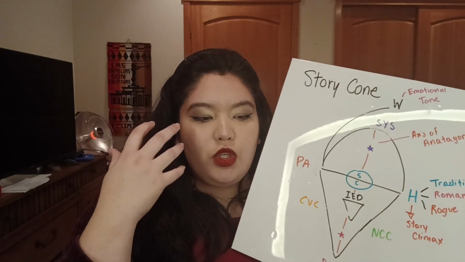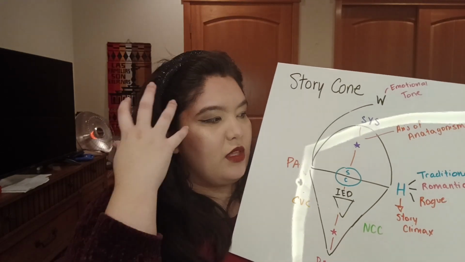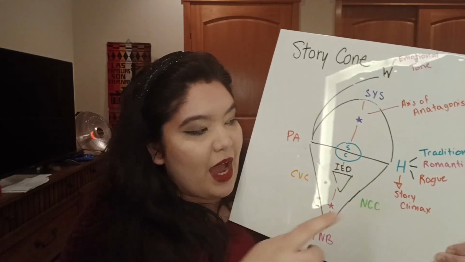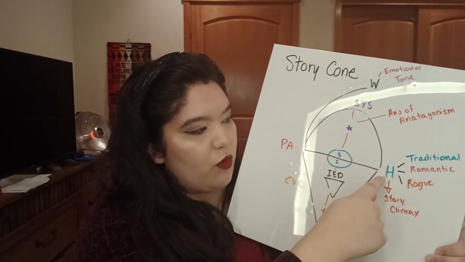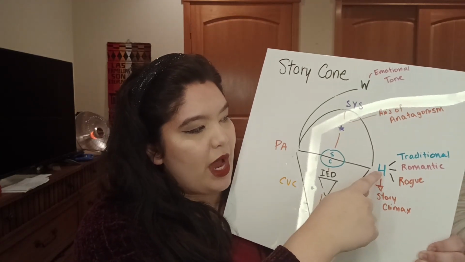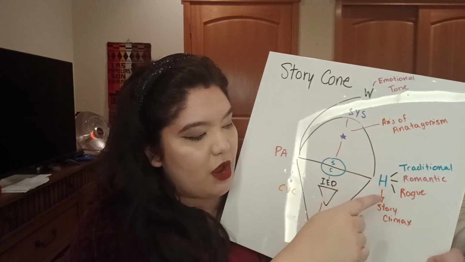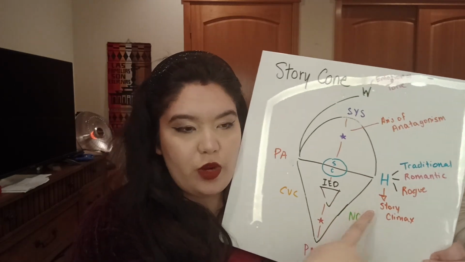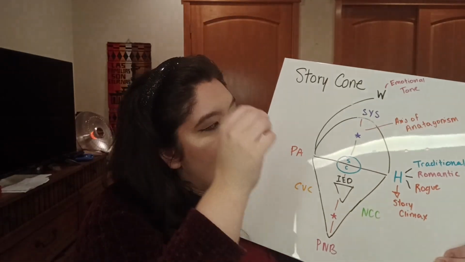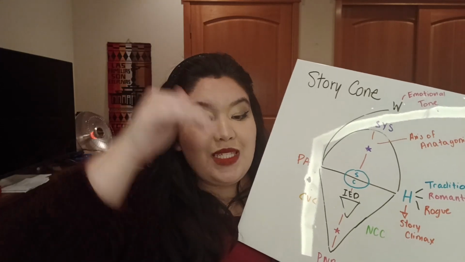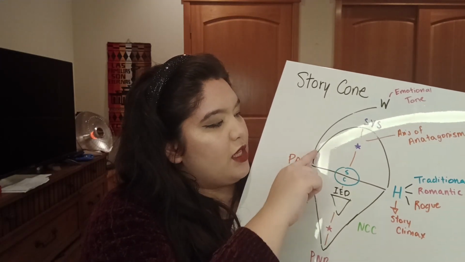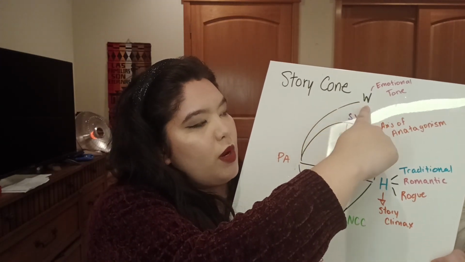Now, if you want to define the story climax, that would be in your hero moment right here. When we have the hero action, it defines the kind of hero that they are. That's your climax of the story. So that's your second plot point. And then when you have your descending action, this is this line up here. So W represents world.